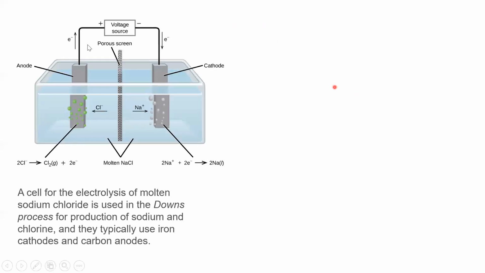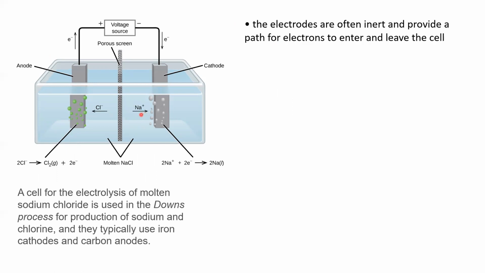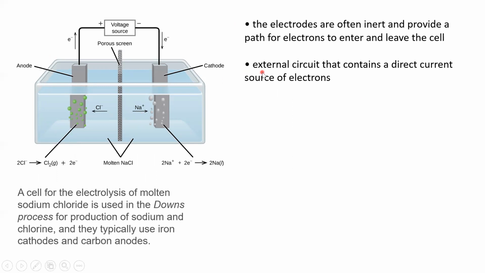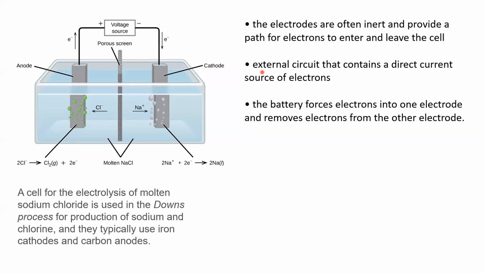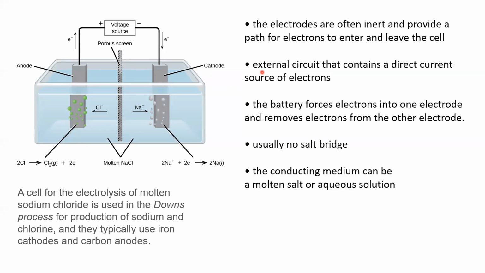So if we were to look here, here's an example of an electrolysis process where we're going to be turning chloride ions into chlorine gas and sodium ions into sodium metal. We need an electrical source, an outside source, in order for this process to take place. And we don't have any salt bridge when we look at these electrolysis processes.